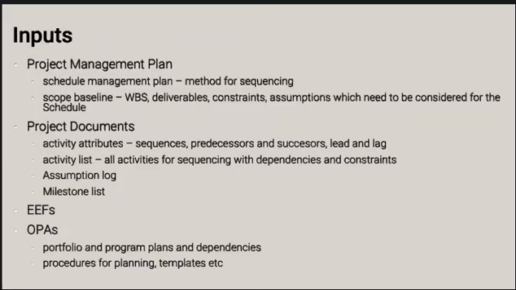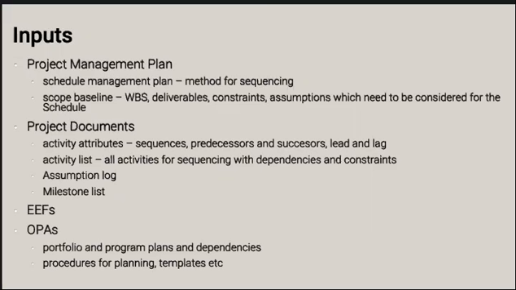Is there a specific scheduling tool that has to be used? How are the relationships between activities going to be verified, and so on? Whereas the scope baseline may provide some references or assumptions or other relevant sequencing information that can be used to develop logical dependencies between the activities.